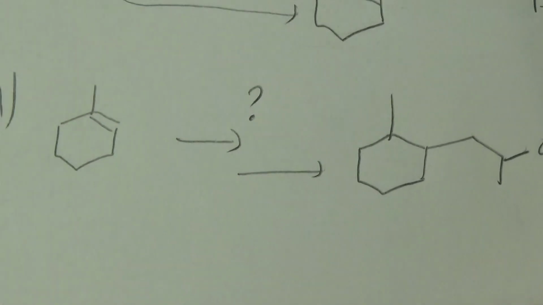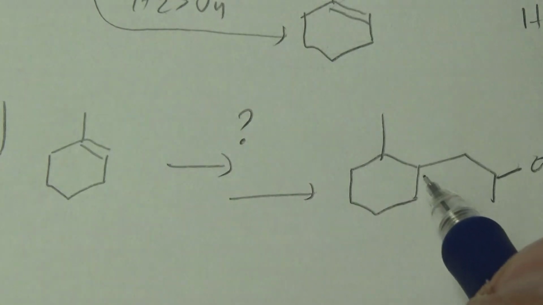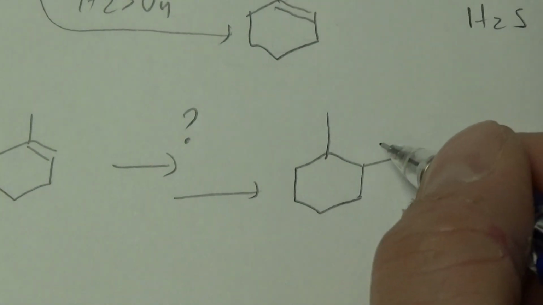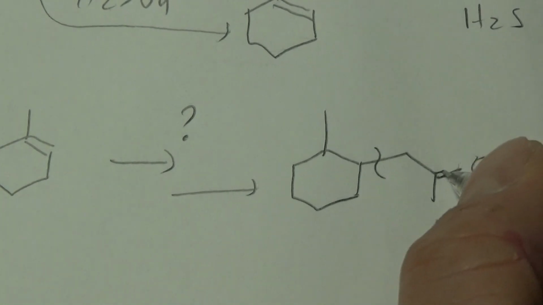Alright, any guesses? We already saw a squiggly, right? Obviously that carbon is this carbon, and we're attaching these other 3 carbons, so that's the squiggly line.